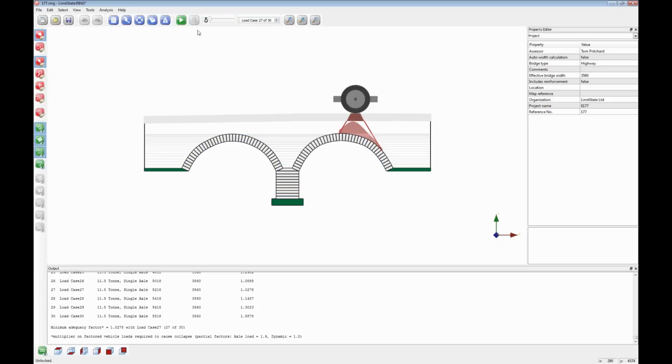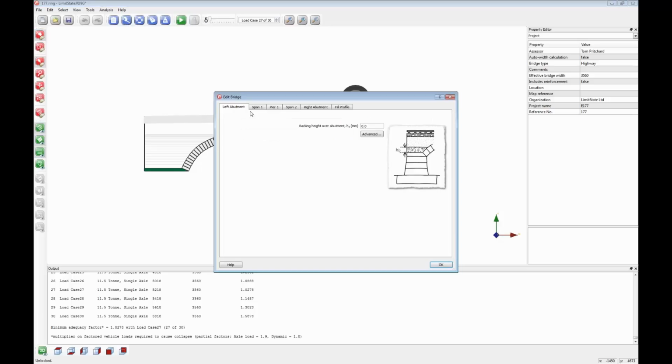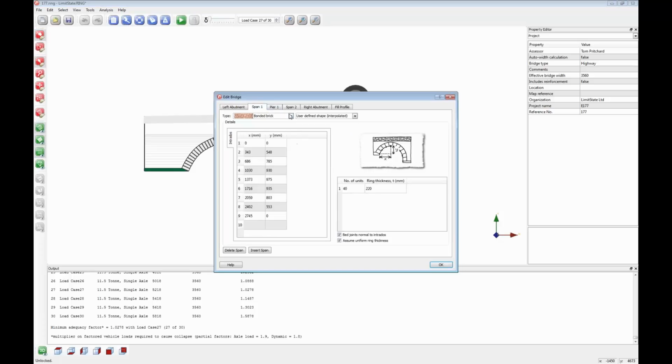I mentioned the issue of multi-ring arches and the potential for delamination. With LimitState ring, it's very straightforward to look at the worst case scenario here, assuming that it's a multi-ring arch and those two rings in this case have become debonded. I can simply enter the details.